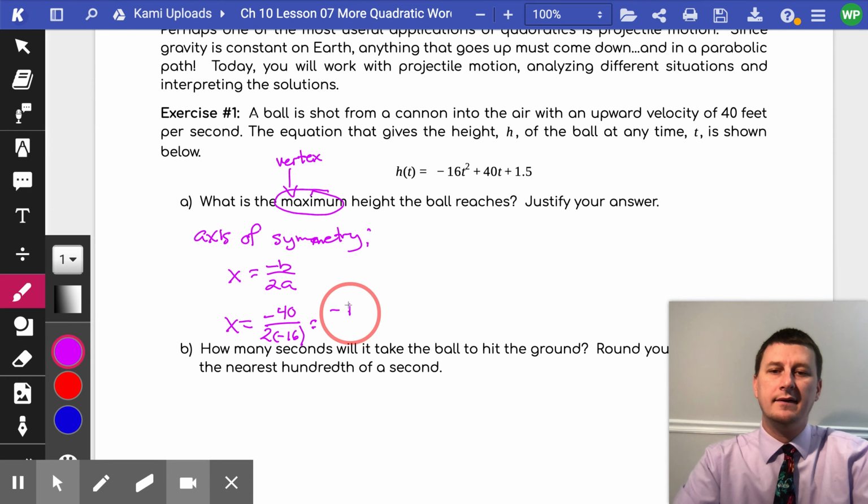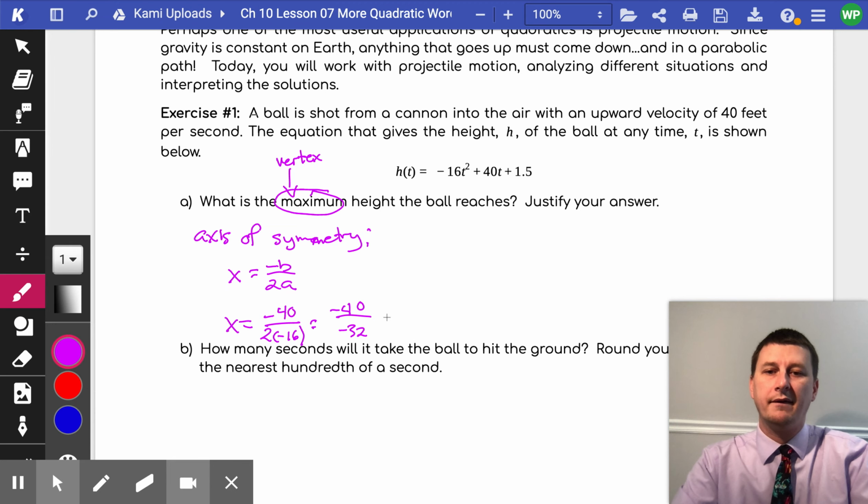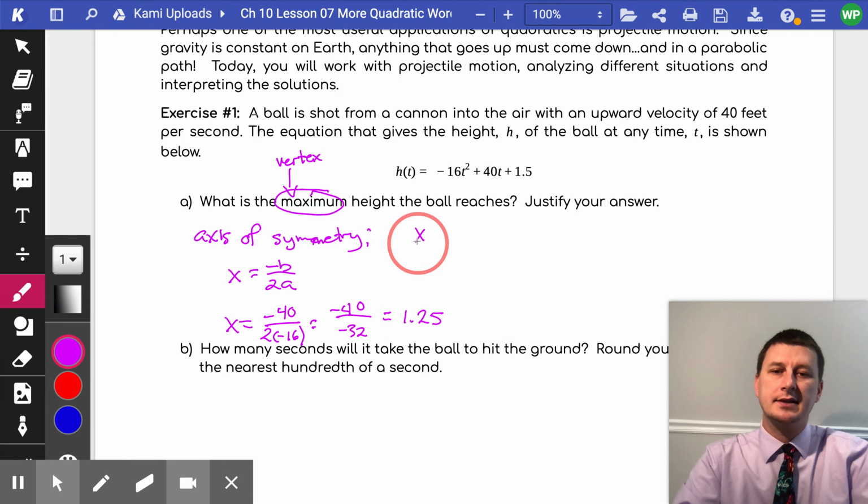Now we have negative 40 up top and negative 32 on the bottom. Negative 40 divided by negative 32 gives us a positive answer of 1.25.